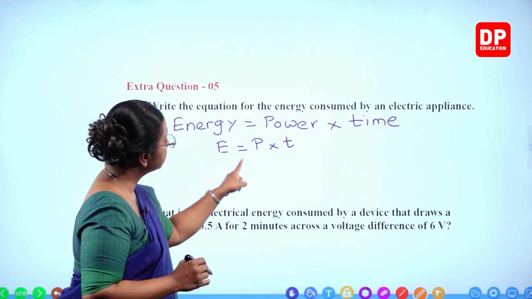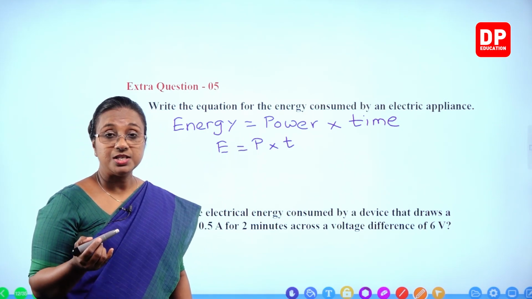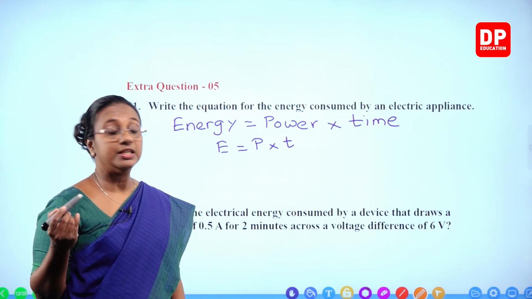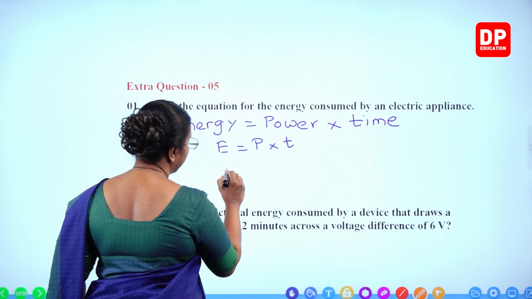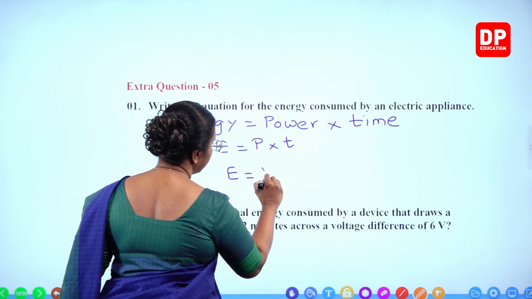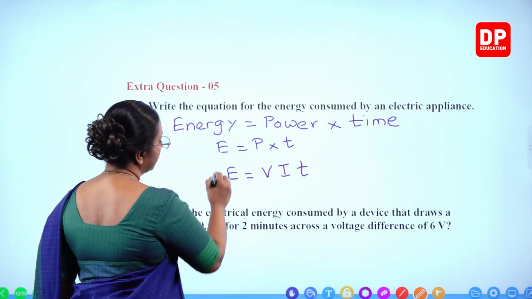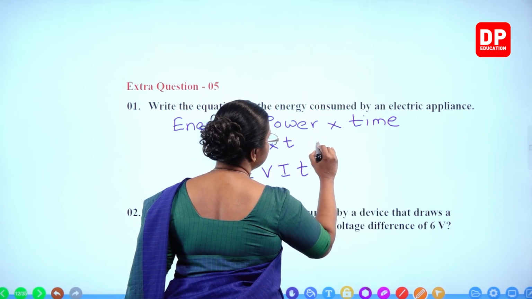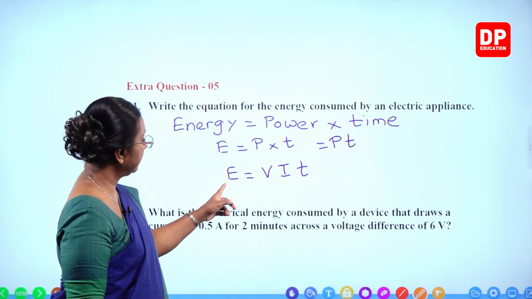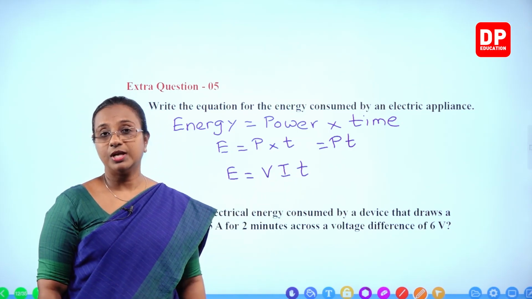Otherwise, we can substitute for power as well. Power is equal to what? Volt into current, voltage into current. So because of that, you can write the equation as E equals voltage current into time. So either E equals power into time PT or E equals VIT, voltage current into time.